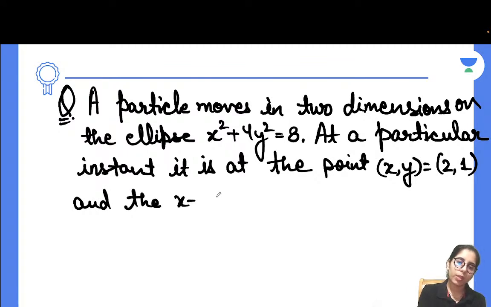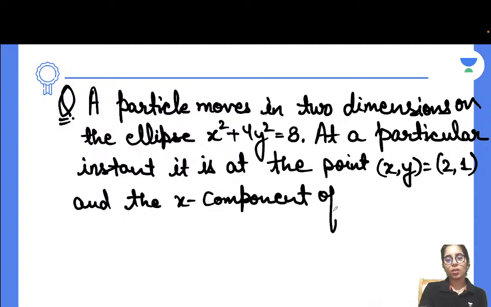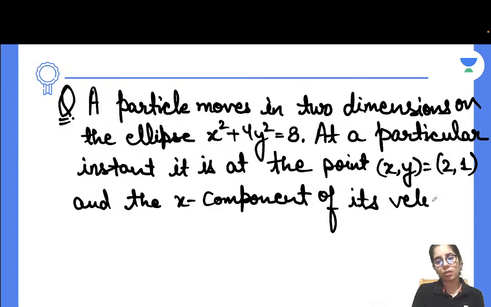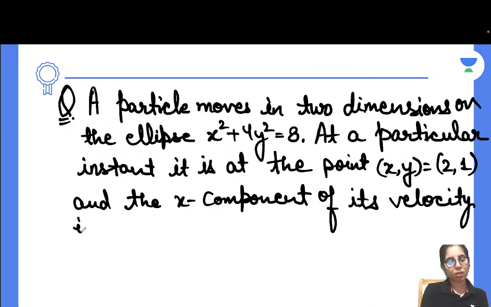the x component of its velocity is 6, in suitable units.